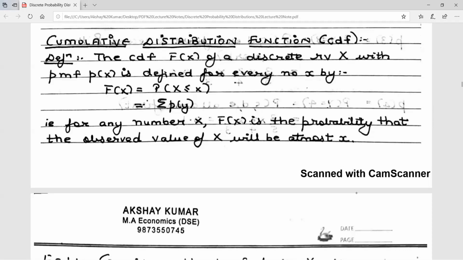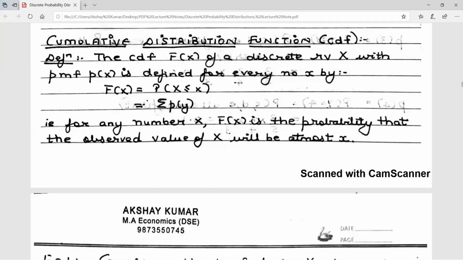The cumulative distribution function F of x of a discrete random variable X with probability mass function p of x is defined for every number x by capital F of x is the probability that X takes the value either less than or equal to small x, which is nothing but summation p(y) as y goes on from 0 to x.